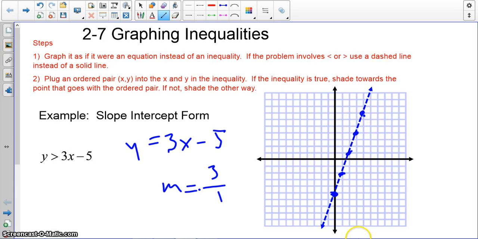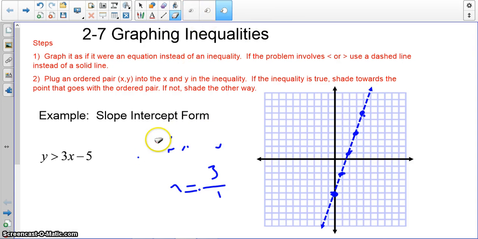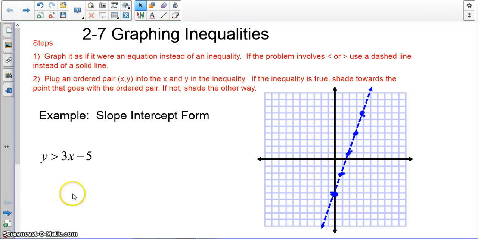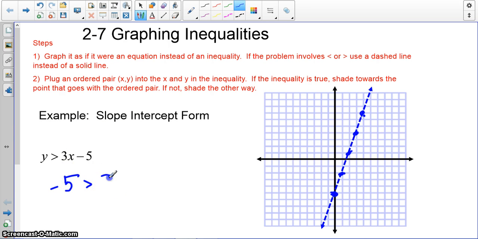So if you pick any point on this line, let's pick an easy one, say 0, negative 5 is the easiest one I can see. To show what I'm trying to get at, you plug in 0, negative 5. Negative 5 is greater than 3 times 0 minus 5.